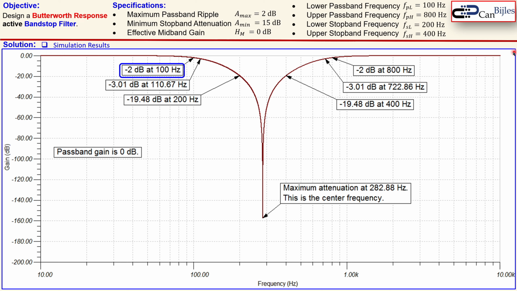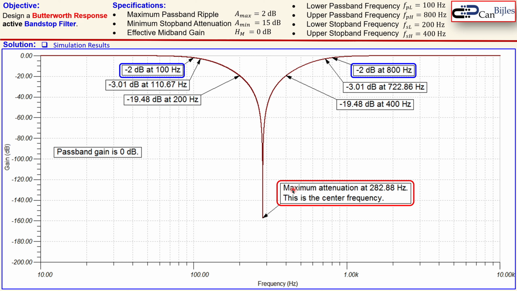So the passband region has a gain of 0 dB, so that's 1, and that is achieved. You see at 100 Hertz it is minus 2 dB, which was our lower passband frequency, and this is the ripple we wanted, so that's how much you want to go down. Looking at the upper passband frequency at 800 Hertz, which is then minus 2 dB.